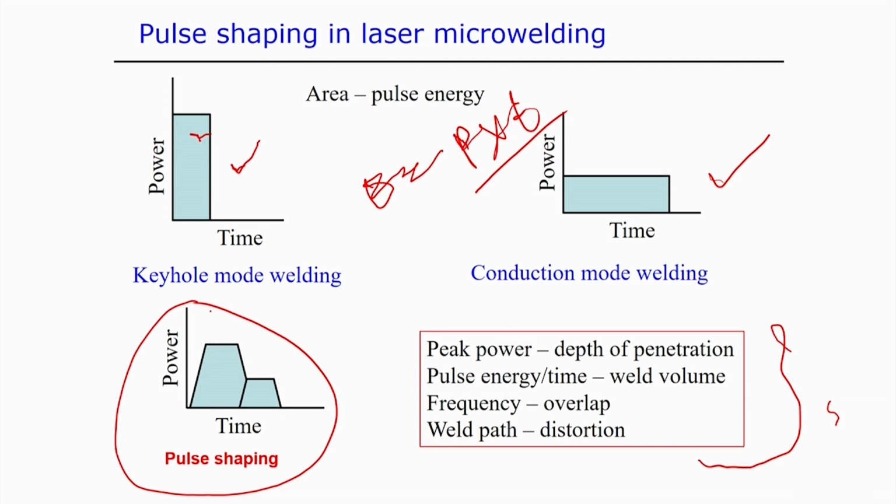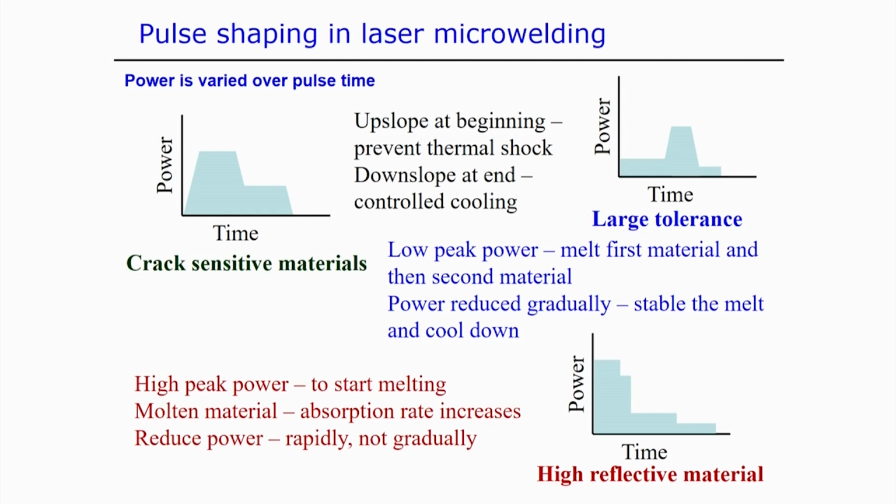For example, here the shape of the pulse is complex in nature, maybe a combination of some triangular shape or rectangular shape or some other shape. So, that shape has a certain influence on the welding process. Let us try to understand what the shapes of the pulse are and what type of materials we can weld in this case.